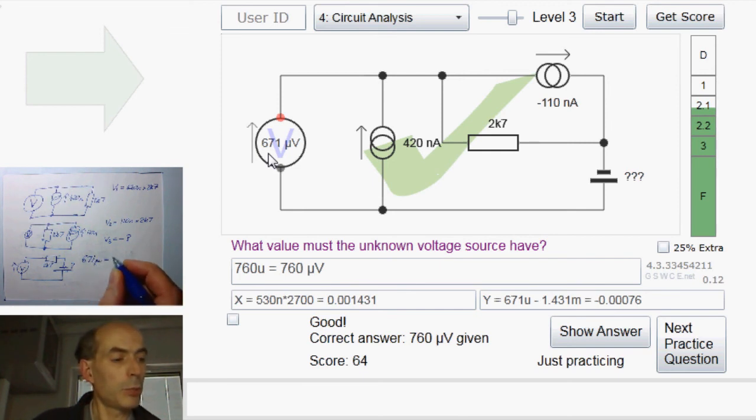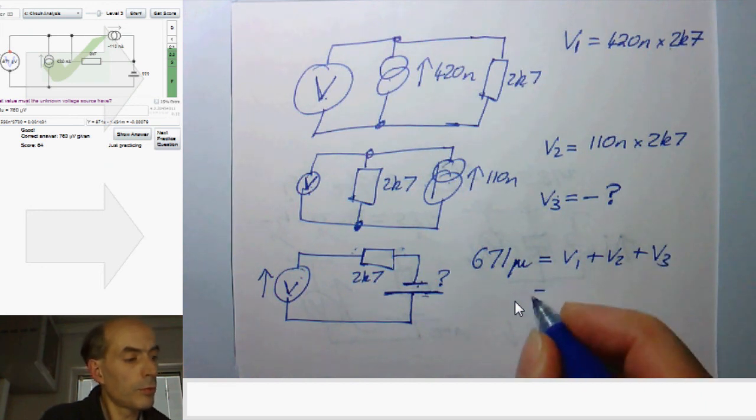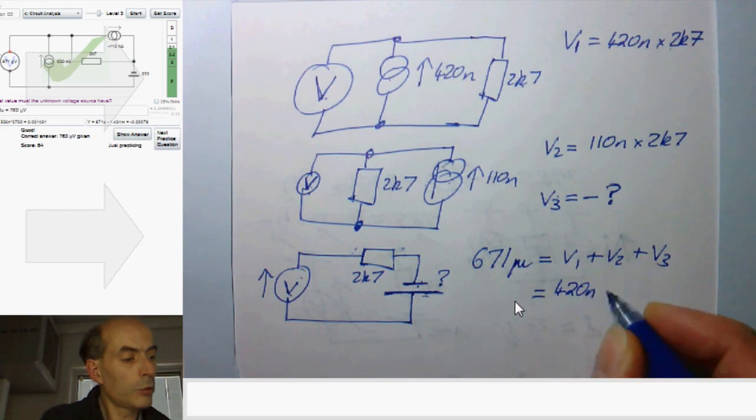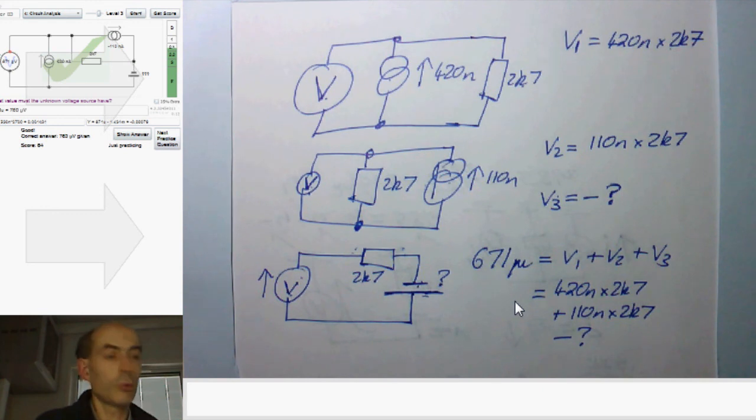And that must be equal to V1 plus V2 plus V3. Which means that since V1 is 420 nano times 2K7, and V2 is 110 nano times 2K7, and V3 is minus our unknown voltage source.